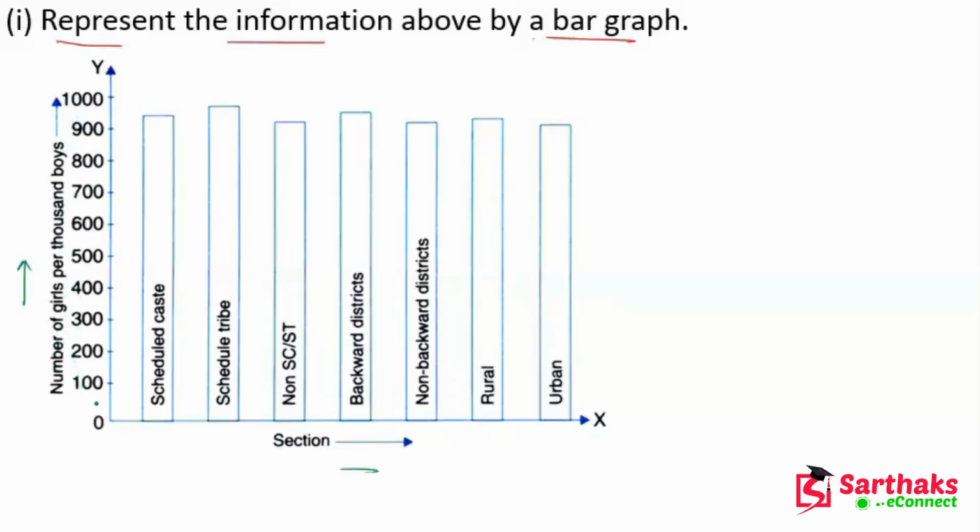We start from 100, 200, 300, 400, 500, 600, 700, 800, 900 and 1000. Now this is SC, ST, non-SC ST, backward districts, non-backward districts, rural and urban.